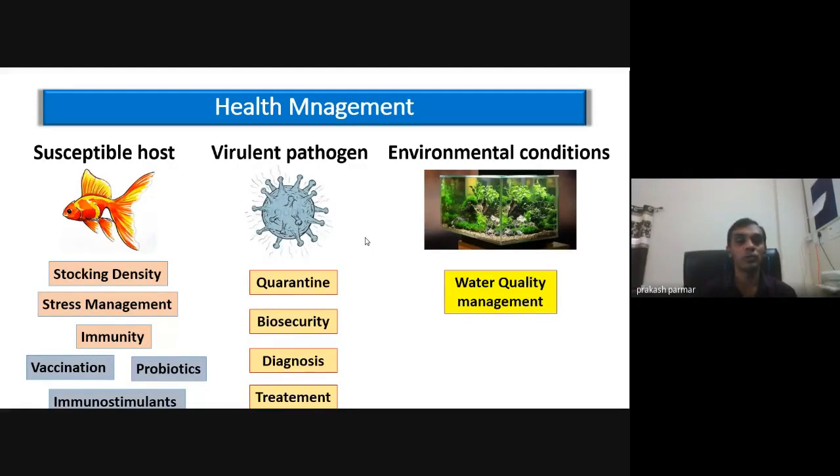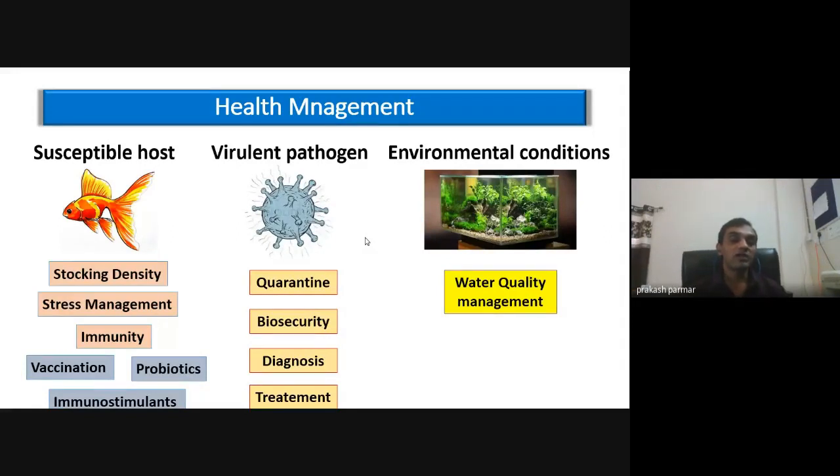Okay. So this immunity we can develop in several ways. The important one is vaccination. Vaccines are biological preparations, and there are several vaccines we can use that enhance the immunity. Immunity is of two types, specific immunity and non-specific immunity. When we give vaccines, they enhance the specific immunity, and sometimes also the non-specific immunity.